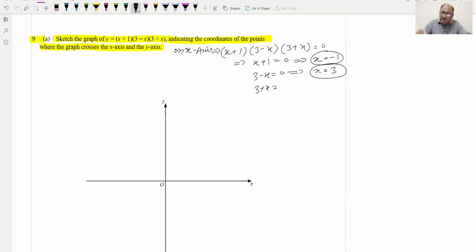So we got these three values, 1, 2, 3. We will indicate these three values. These will be the x-intercepts, and we can show these x-intercepts roughly.